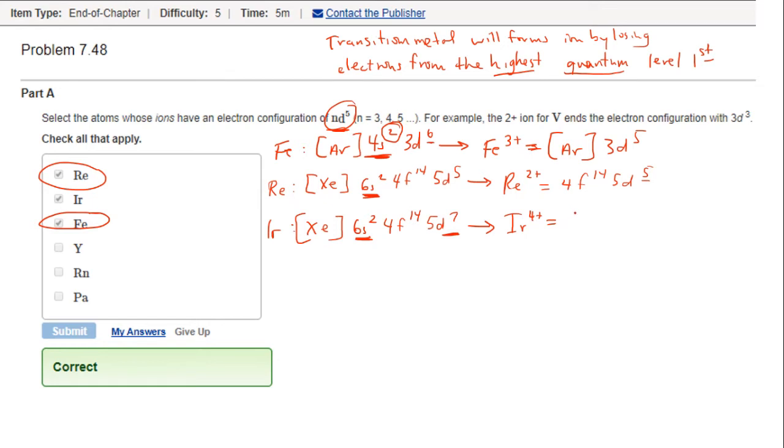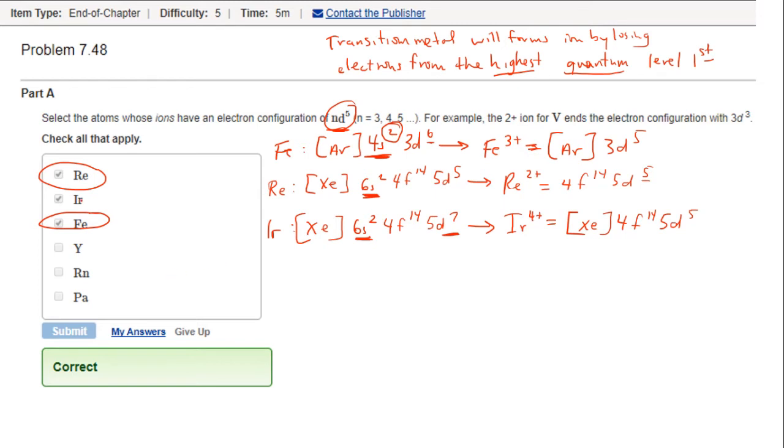So our condensed configuration for iridium 4+ would be xenon 4f14 5d5, again meeting that requirement of nd5 configuration.